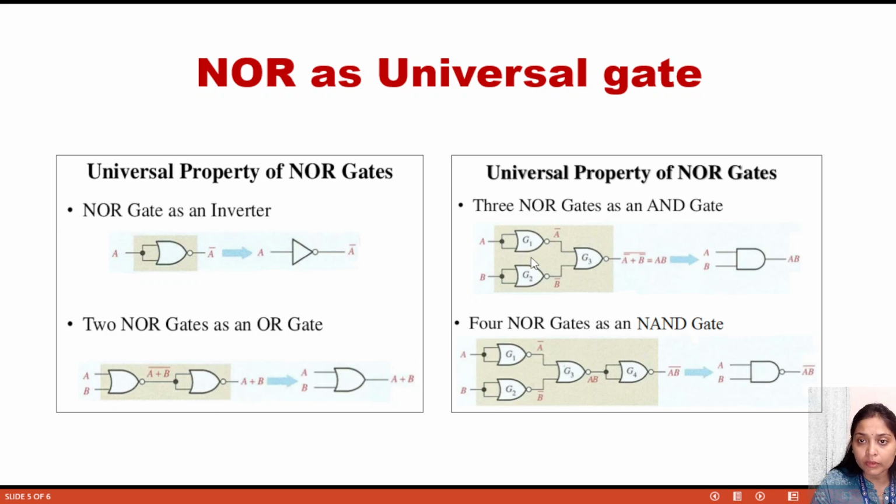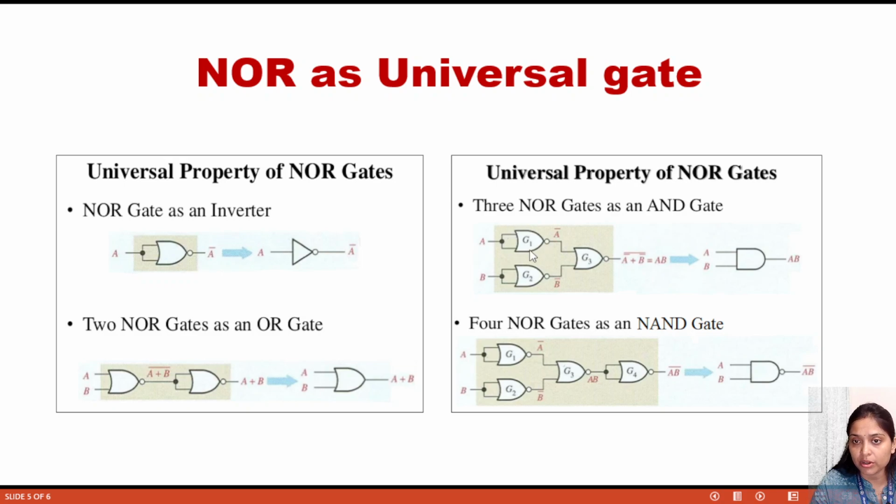Now I am coming to explain how we will design the AND gate by using a NOR gate. Similarly, here also we cannot give A bar directly, so we will give A through a NOT gate.